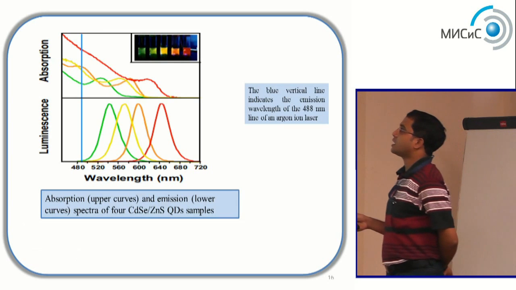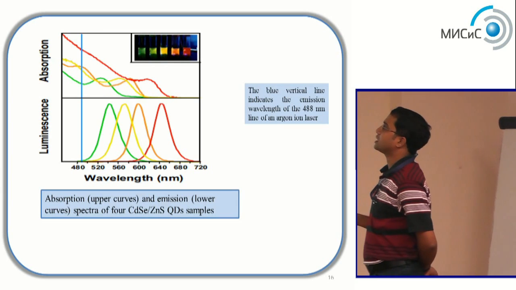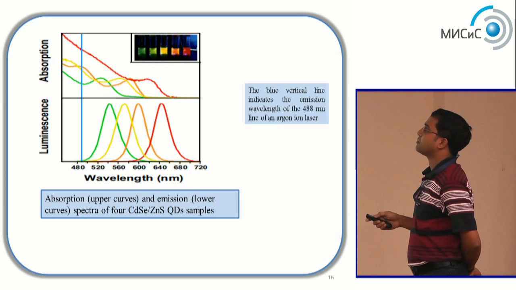For our case, you see that the first one is green and the last one is red in color under the UV radiation. So if your sample is green, you will see the absorption spectra around 520 for the cadmium selenide. And if your sample corresponds to red, then you can see spectra around 630.